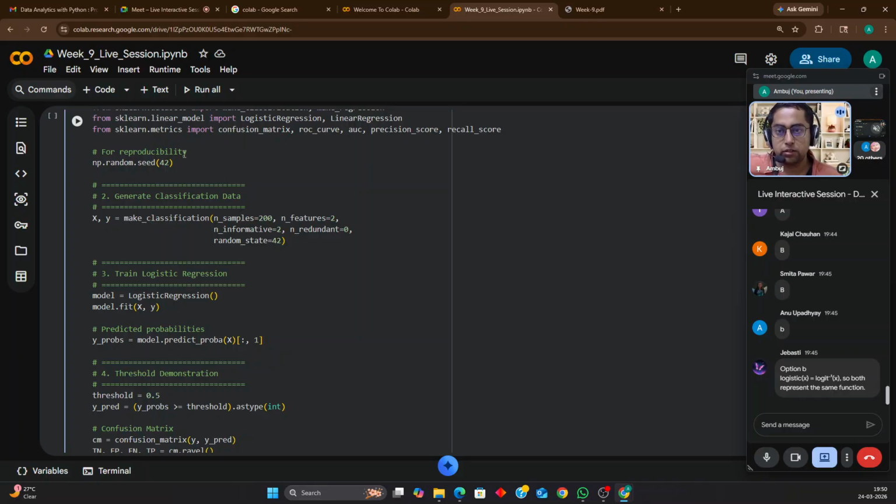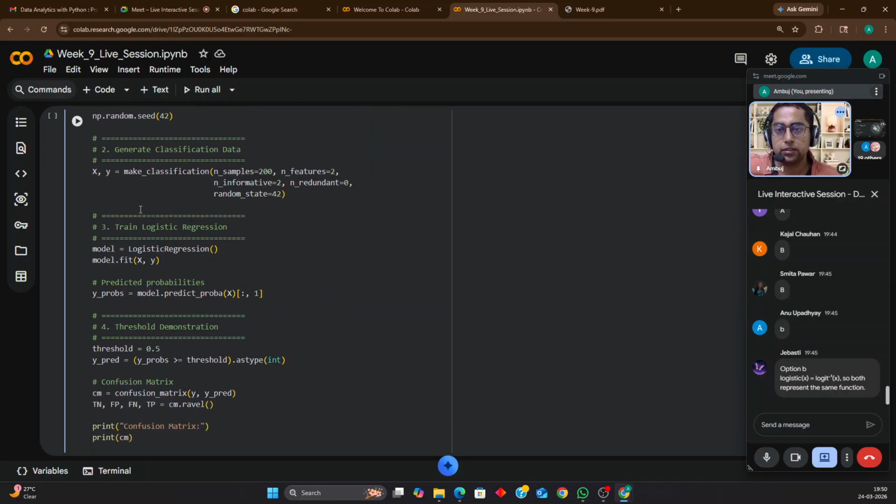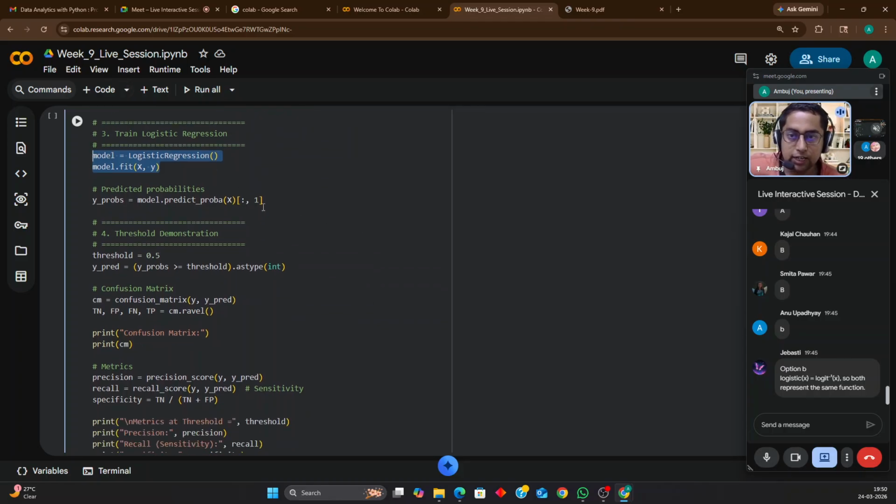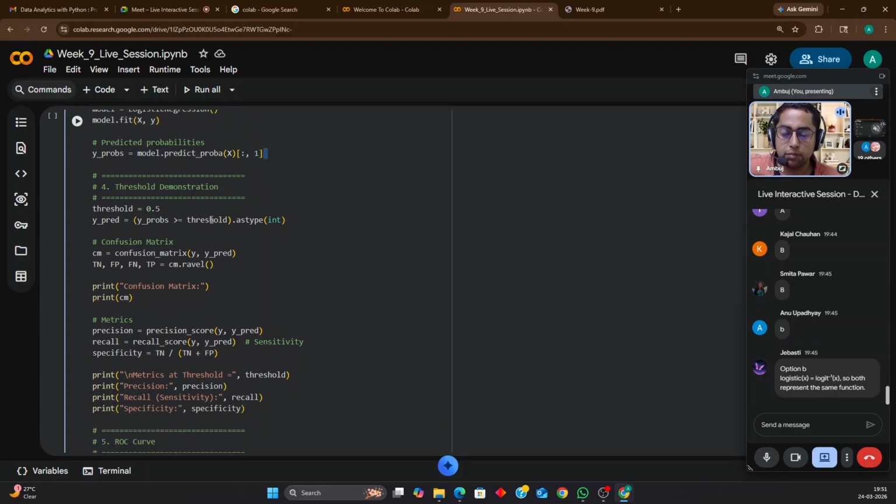Then for reproducibility, I have imported np.random.seed. Then I have generated random classification data. Then I have fitted a logistic regression model on X and Y arrays which I have randomly generated. Then I have mapped the probabilities, then made the threshold.